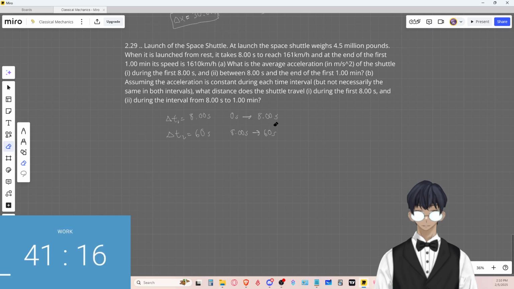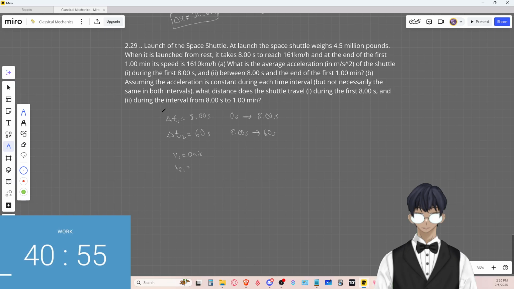All right, it launches from rest, so the initial velocity is 0 meters per second. We're going to put two finals here. It takes 8 seconds to reach the final velocity 1, which is 100 kilometers per hour.